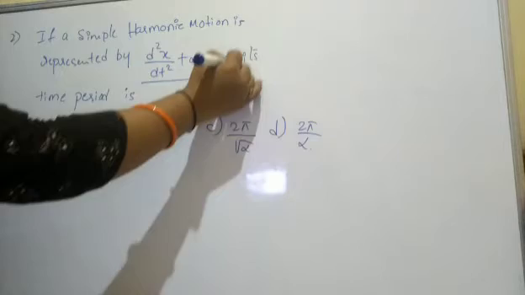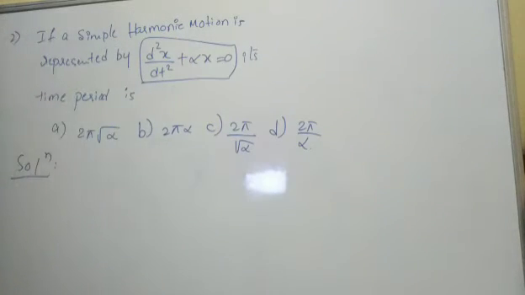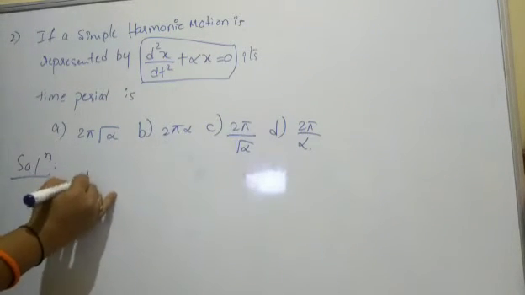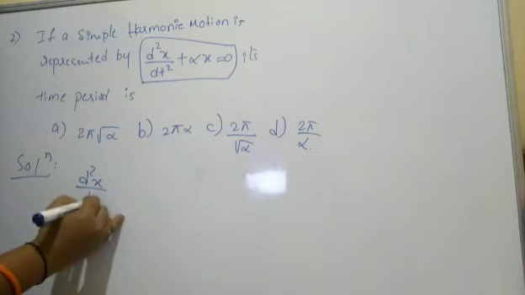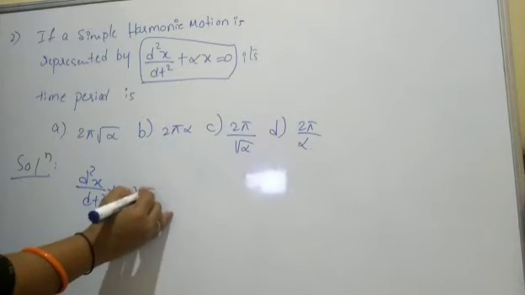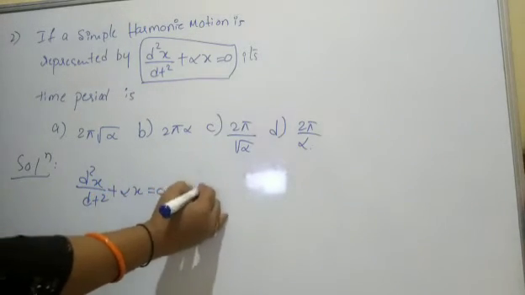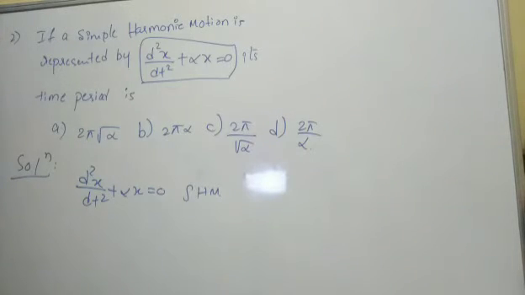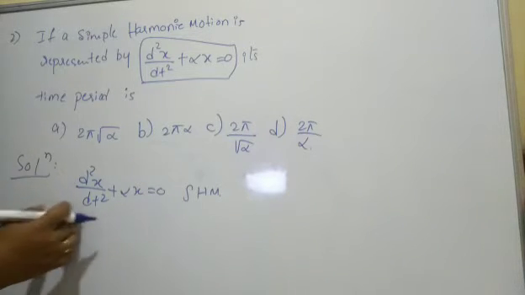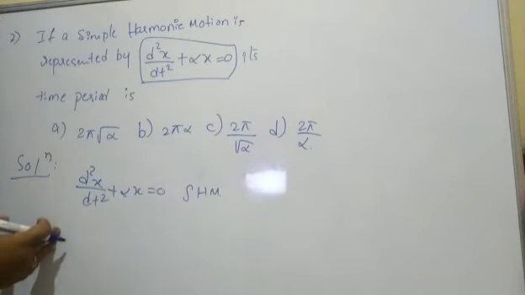This is a simple harmonic motion of a particle, given as d²x/dt² plus alpha x is equal to 0. The only thing needed is its time period. We discussed the differential equation of acceleration in the previous problem.